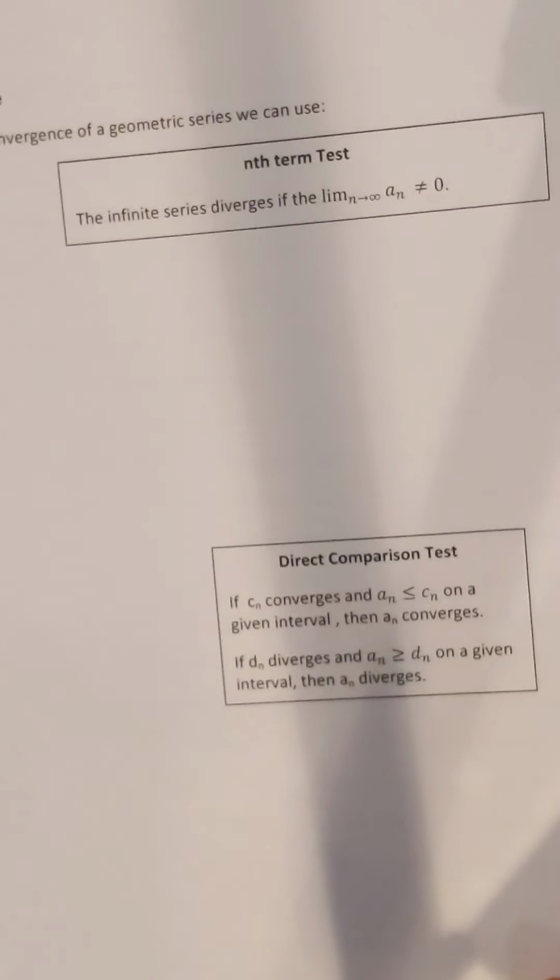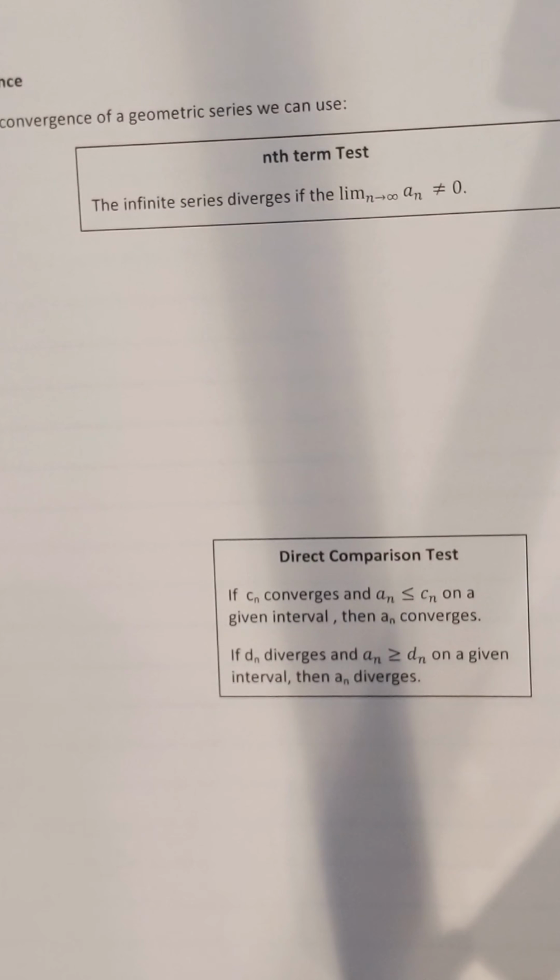Now, the next thing I'm going to show you, I don't know if it's directly tested, but certainly it's a skill you want to have if they're asking the question converge or diverge. It's called the nth term test. Again, this is on your flashcard item. You can see that right there.